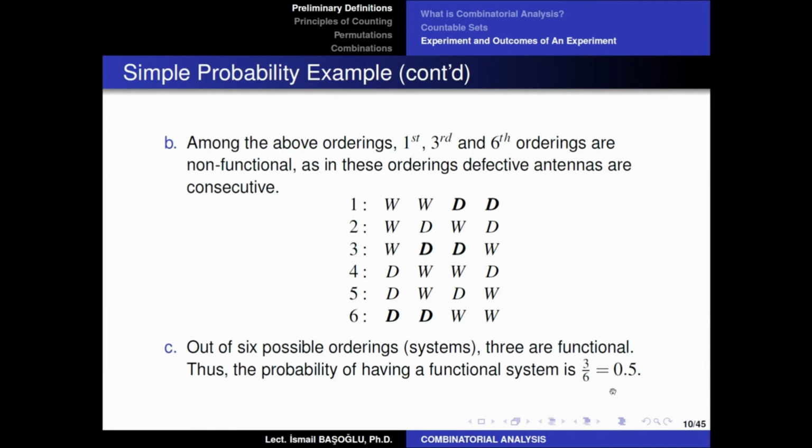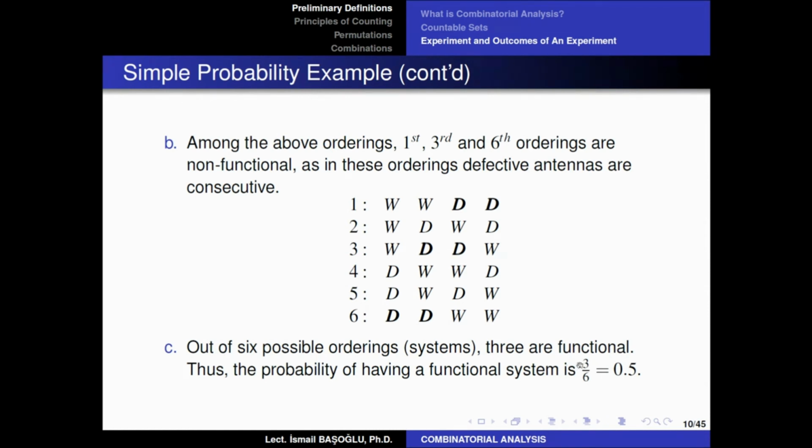So you see, in order to answer this question, what we have done is basically we have counted the number of possible outcomes with respect to the defectiveness status of the antennas. And then we have counted the number of possible functional systems.